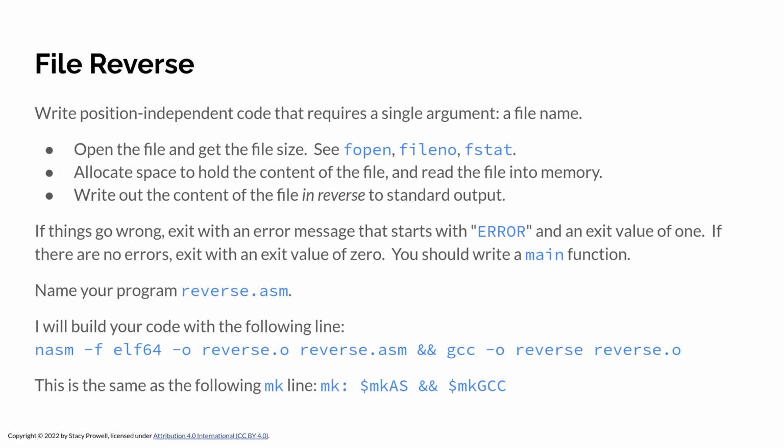If anything is wrong, write out a message starting with the word error and exit with an exit value of 1. If there are no errors, exit with an exit value of 0. Name the program reverse.asm. There's how I'm going to build it. And if you want to use Makefile to build it, there's a Makefile for you.